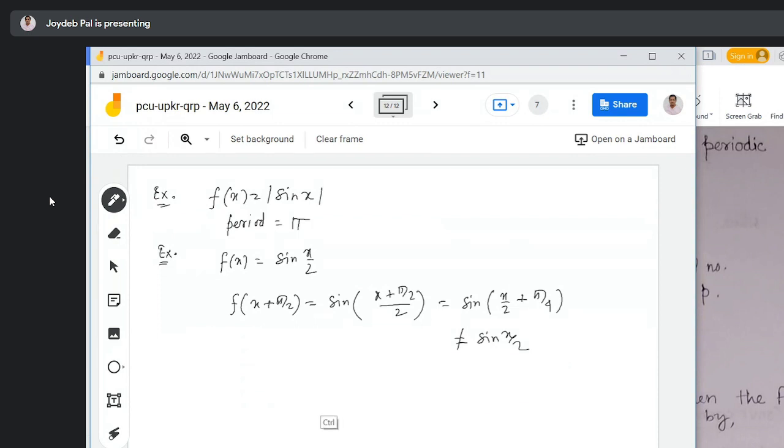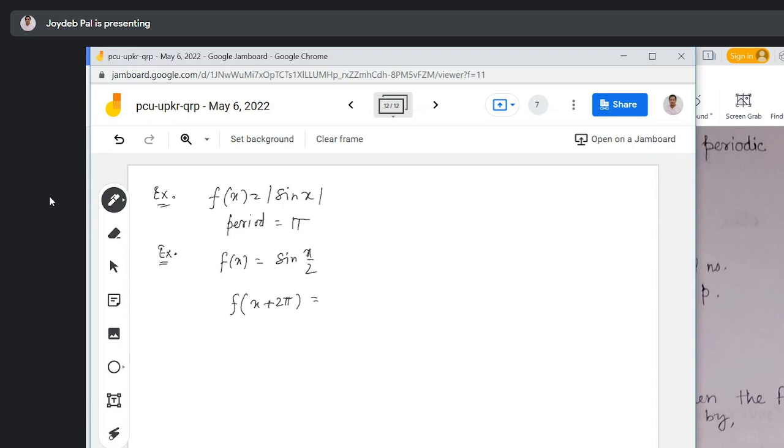Think. Look, usually what is the period for sine x? 2 pi. So you can assume 2 pi, and verify whether it works. So if I write f of x plus 2 pi, what will it be?